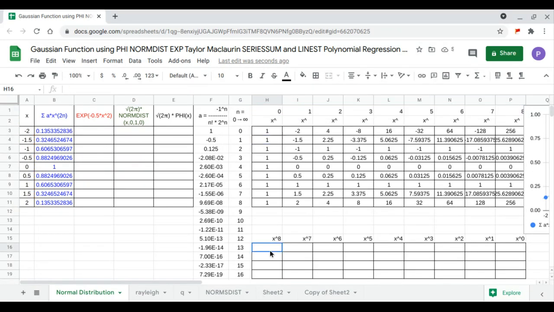Now we can enter LINEST. So this would be LINEST data y and data x. Enter.